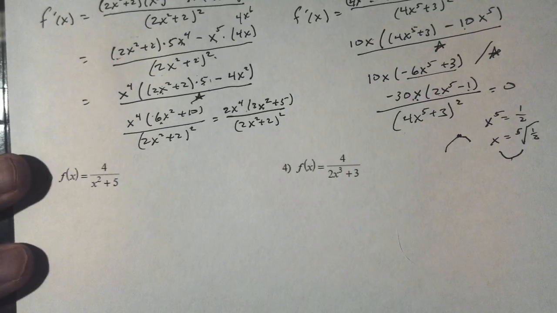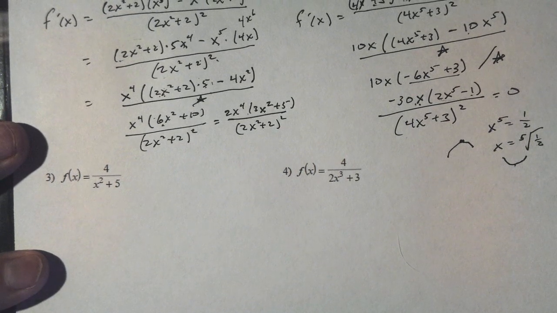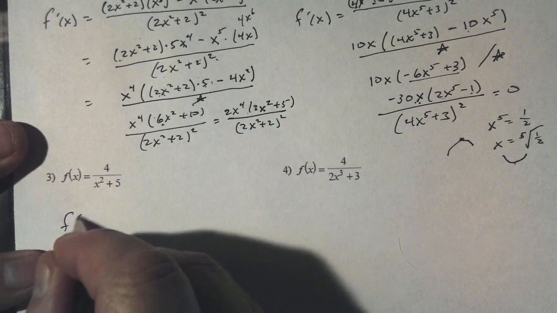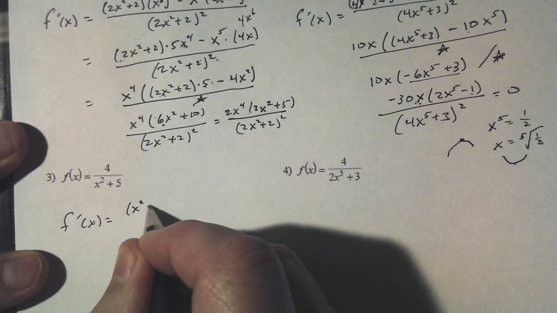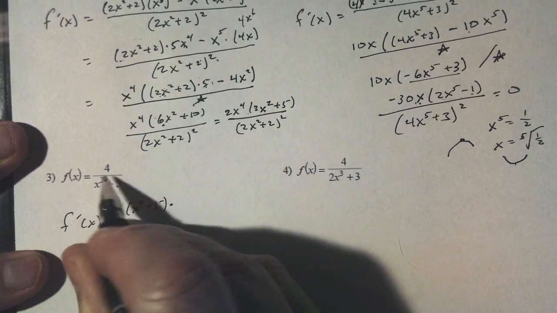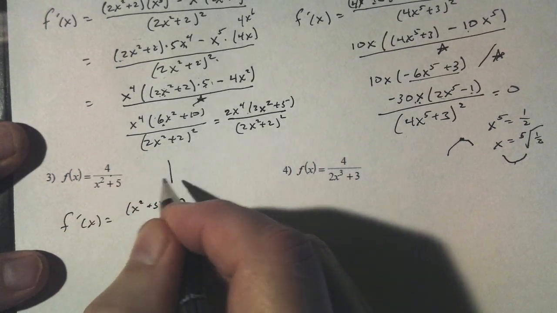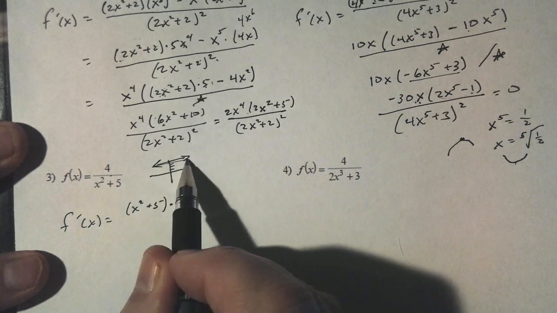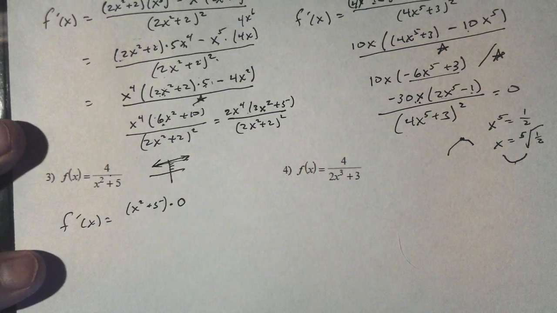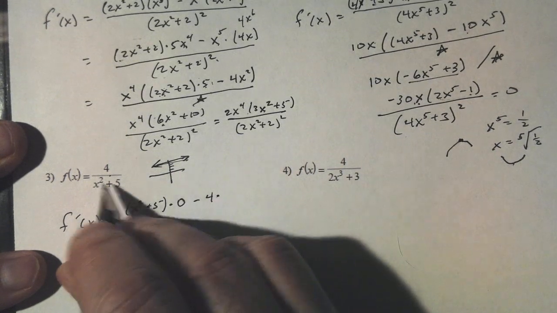Okay, this was a nice one. I like having the constants up here for these next couple problems. Here we go. F prime: low, but D high is 0. Derivative of a constant. Remember, y equals 4 is just a horizontal line. What's the slope of that? 0. So that's low D high minus high D low.